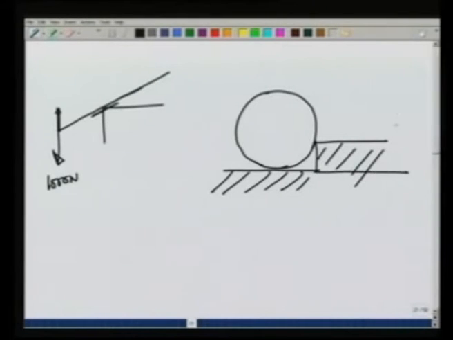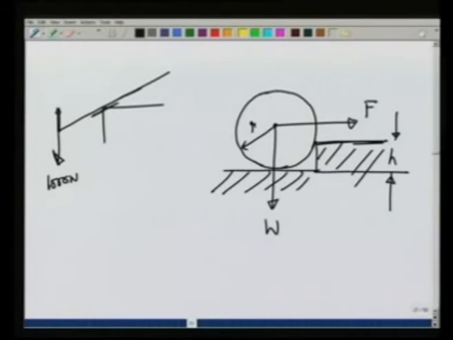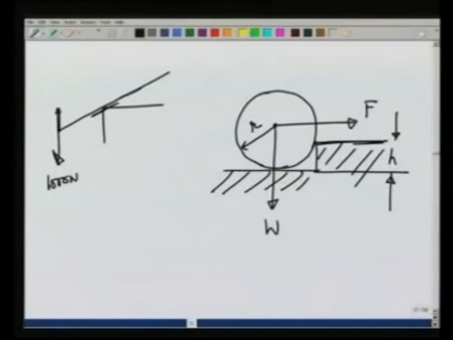The height of the step is h and I am applying a force F in this direction, parallel to this, and the weight of the roller is W, the radius of the roller is R. I want to know what force I should apply in order to take this roller over this step.